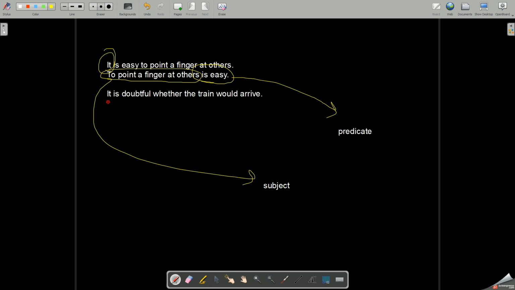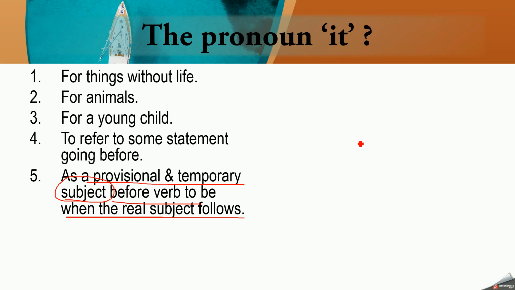It is doubtful whether the train would arrive. So it refers to that provisional subject. Okay, what is easy? Here what is easy? To point a finger. Here what is doubtful? Whether the train would arrive. Okay, and when you write it, whether the train would arrive is doubtful. So whether the train would arrive will become the subject, and is doubtful becomes the predicate.